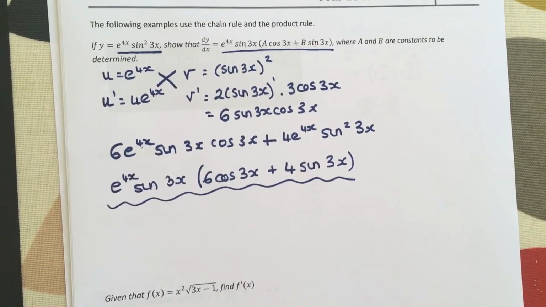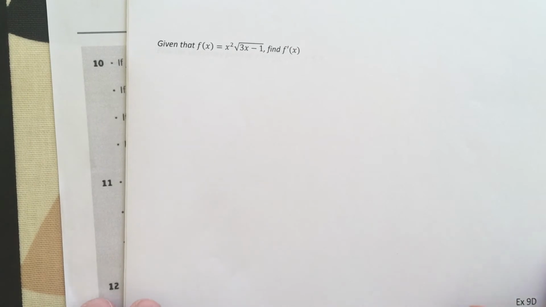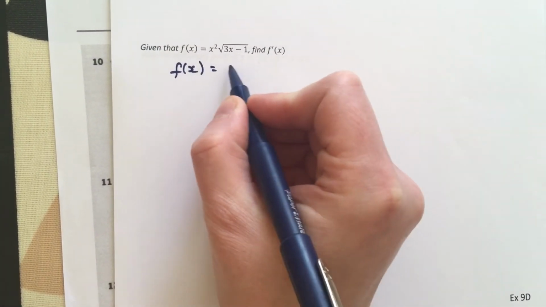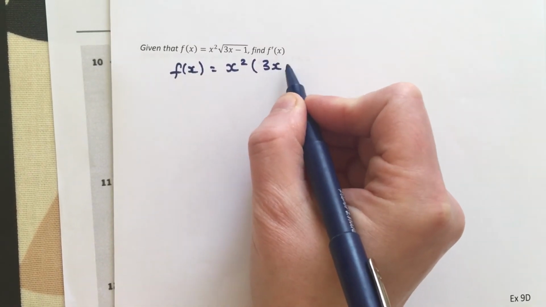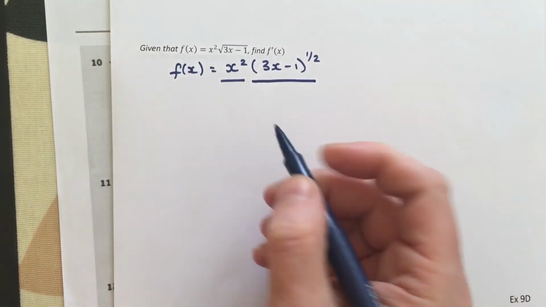Next, the final example, we've got f of x is equal to x squared times 3x minus 1 to the half. This is one of our functions and this is the other one.